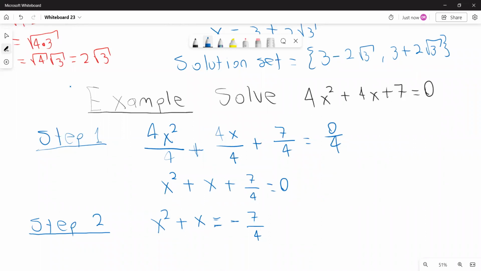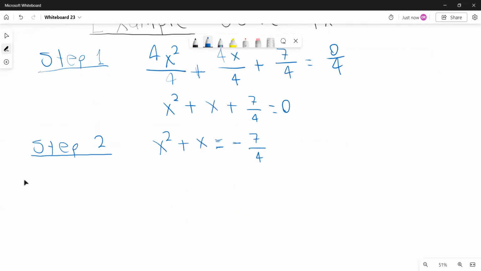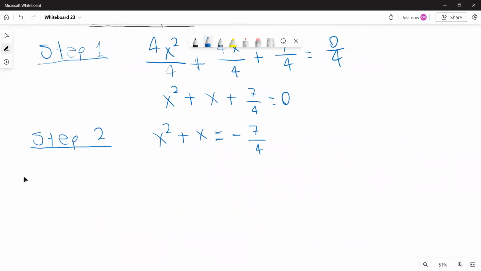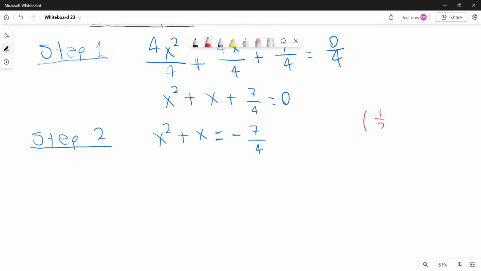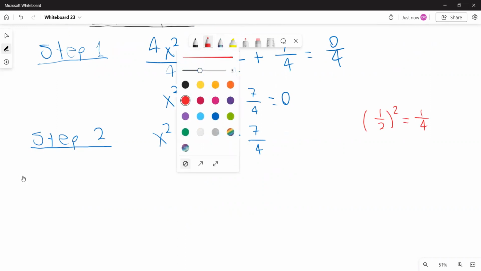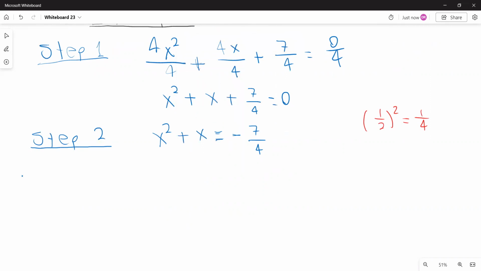So we have a perfect square trinomial. So the term with x is 1x. You know that 1/2 squared is 1/4. So we're adding the square of half the coefficient of x to both sides.